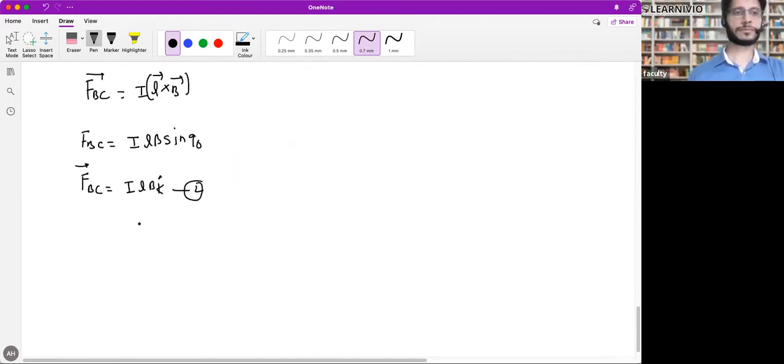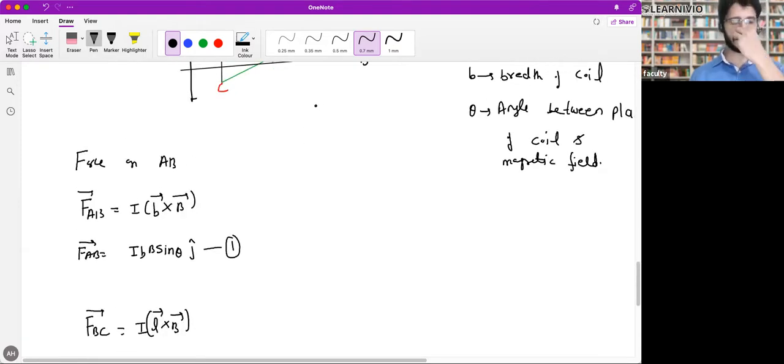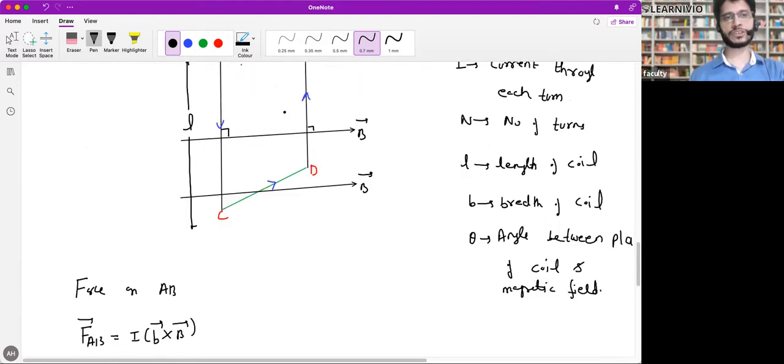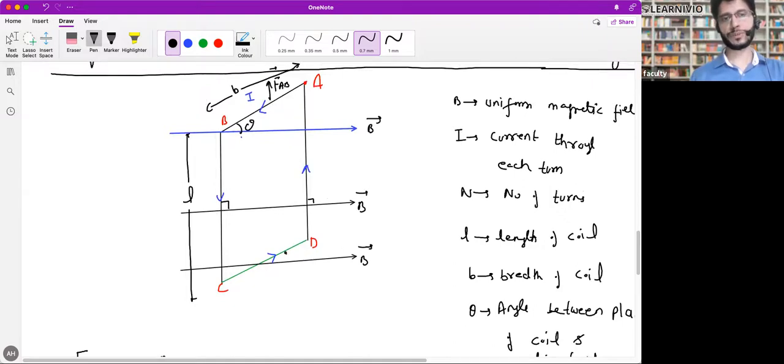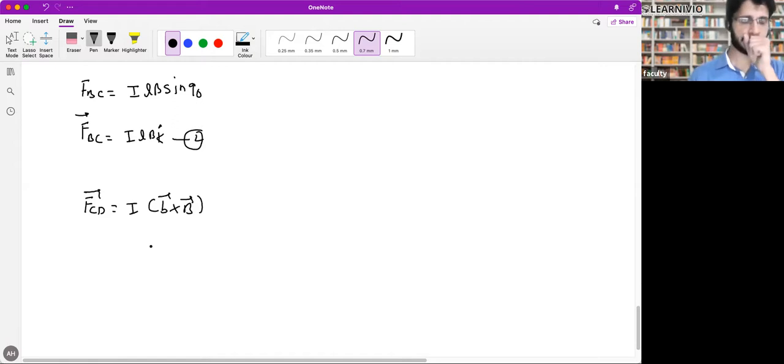Then CD. If I take this CD section, the length of the CD section is b, the magnetic field is B, and this angle is theta again. Then FCD is IbB sine theta.